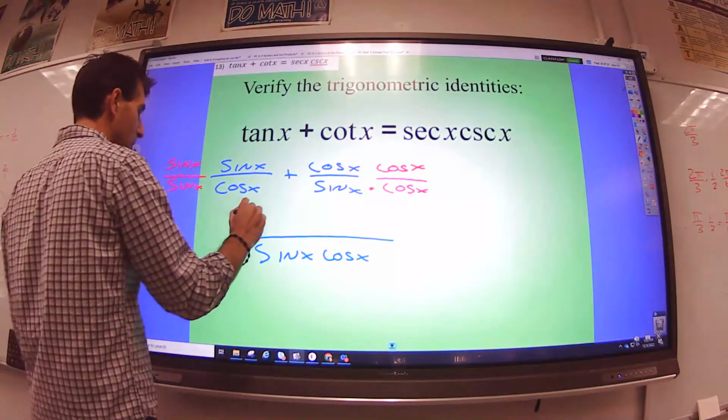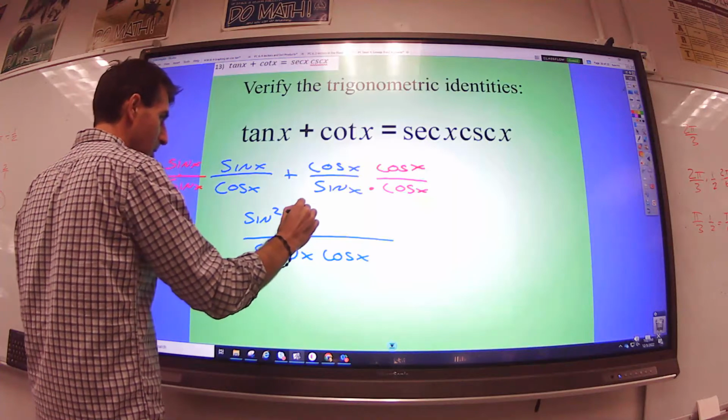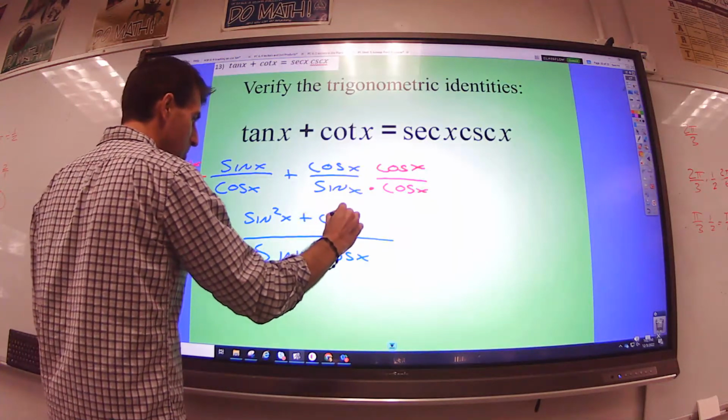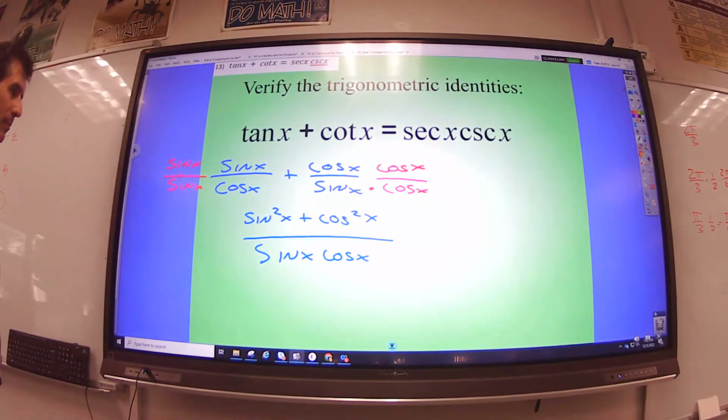This will be sine squared x plus cosine squared x. Any questions on how I got that? I'll keep going, and if you have questions, pause the video. But what is sine squared x plus cosine squared x? It's equal to 1.